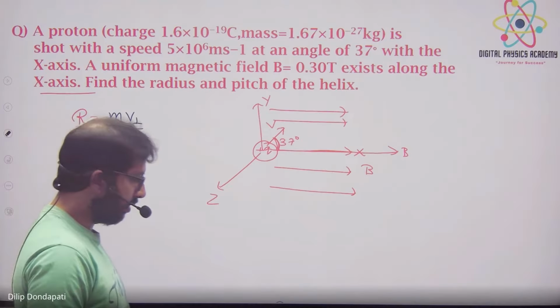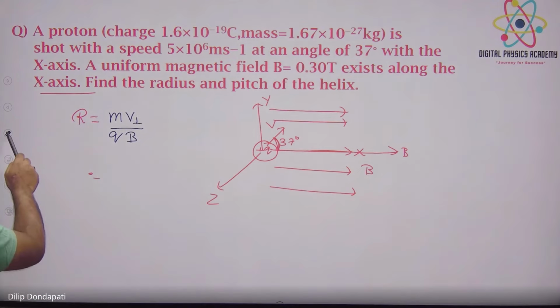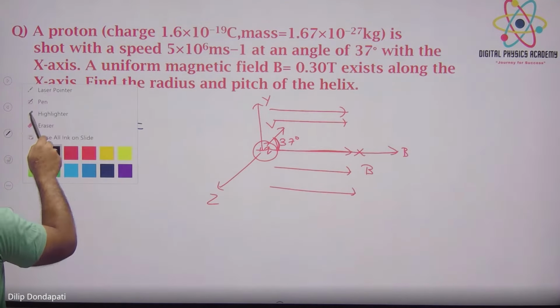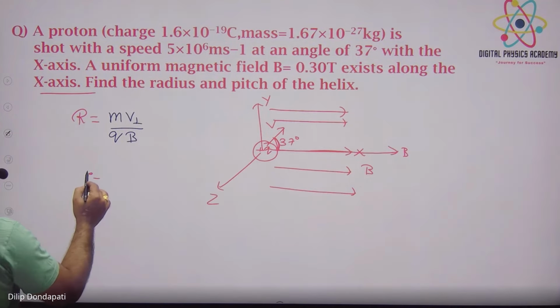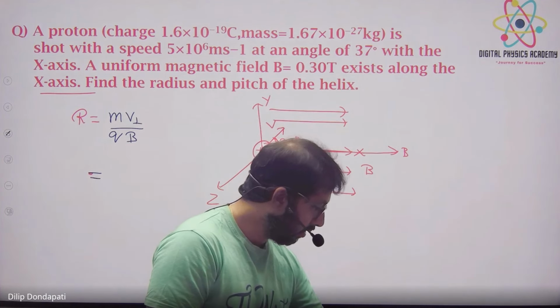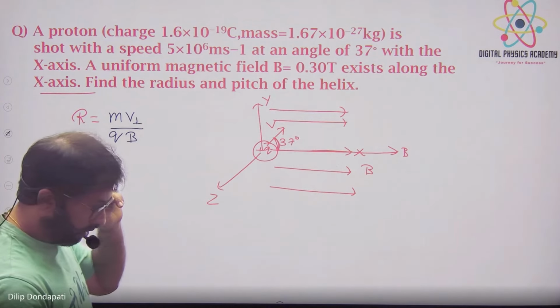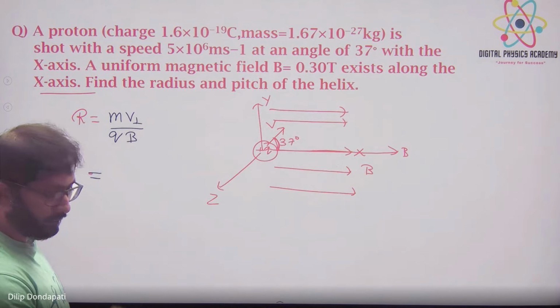Sir, R is approximately 0.1. Yes, 0.1 meters. Yes, correct. So pitch is approximately 0.8. पीछे आ गया क्या? 0.8. हाँ, correct, 0.8.